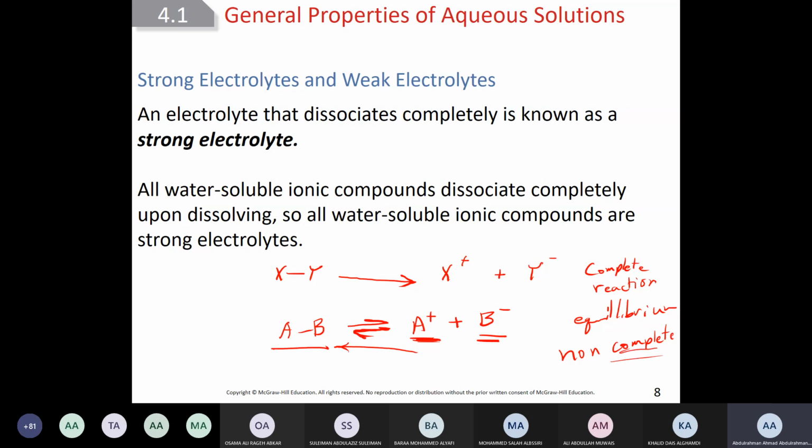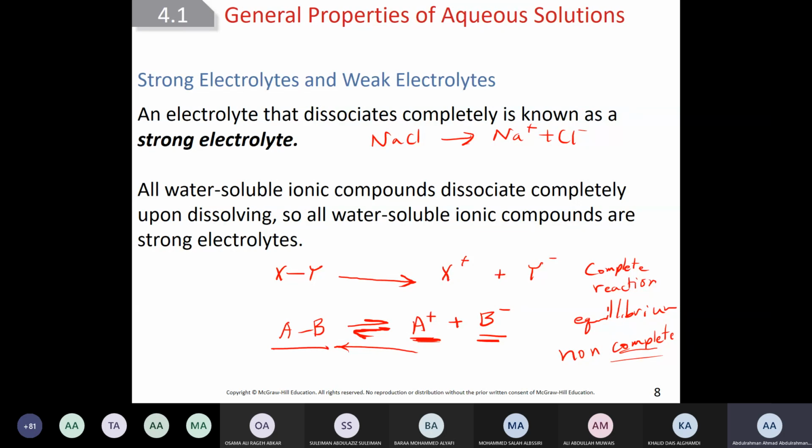Now, when you have an electrolyte like NaCl going to Na+ and Cl-, this will be a strong electrolyte. Why? Because it's complete and it will decompose 100%.